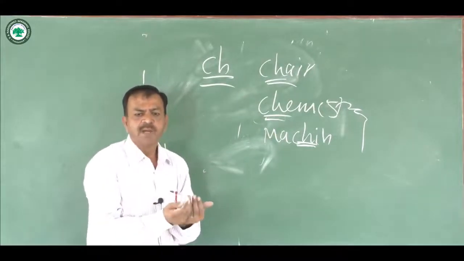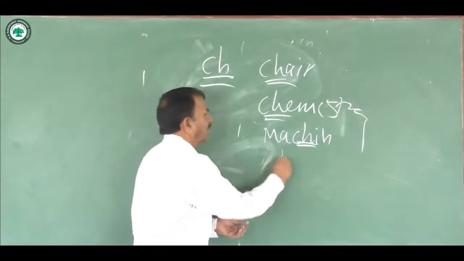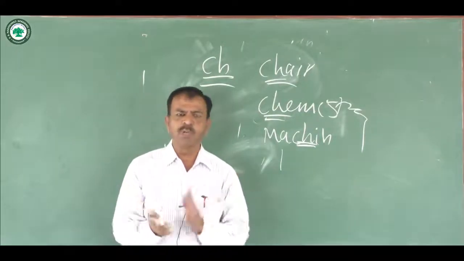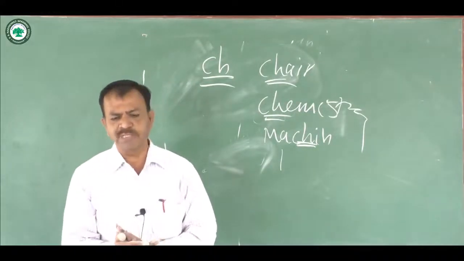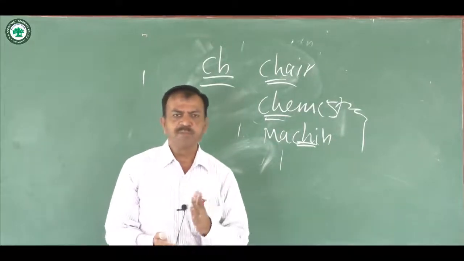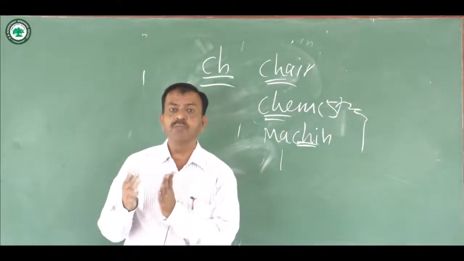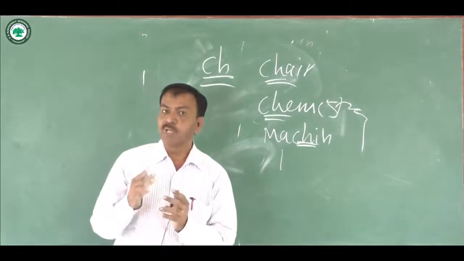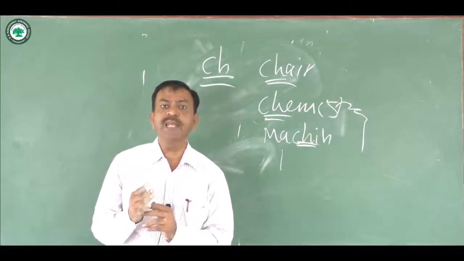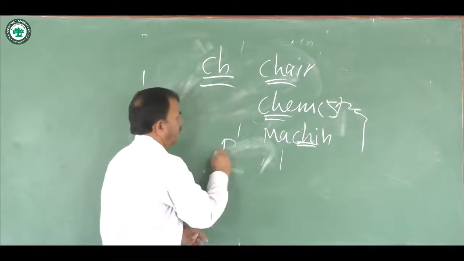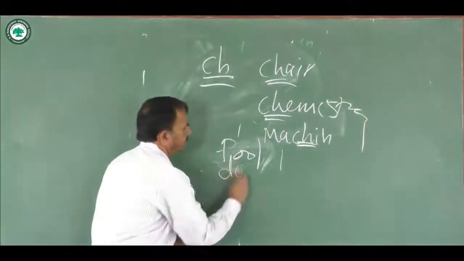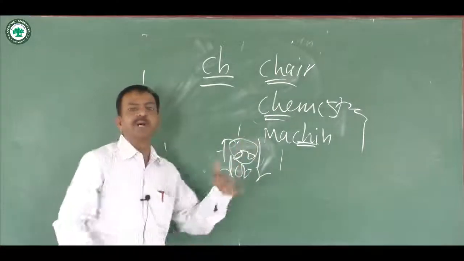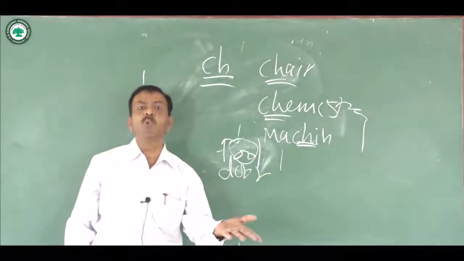In the word fool, f-double-o, in another example, double o can also be pronounced differently, like fool, cool. Here we use oo.